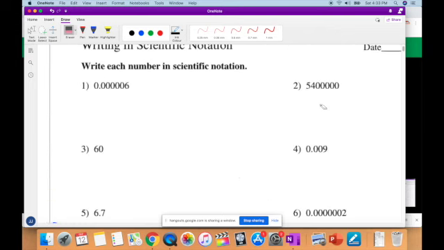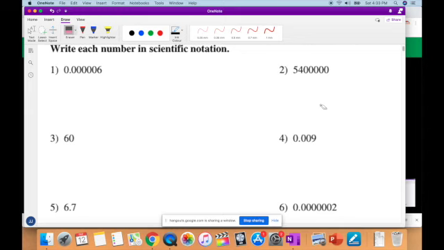Write each number in scientific notation. So what do you think this would be in scientific notation? What would the A number be? It will be 6.0, right? By 10 to the what?